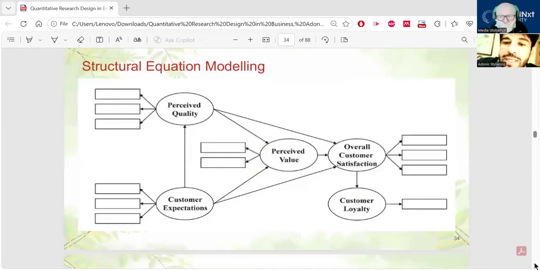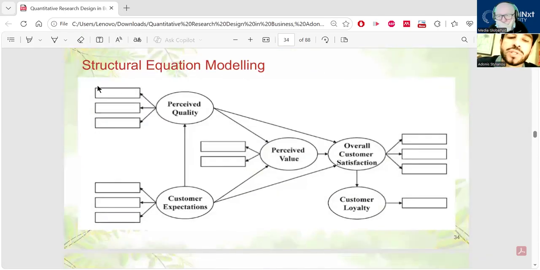I have an example here just to demonstrate. For example, I start with 3 initial factors and those are interrelated, so I reduce them down to 1, which is perceived quality. The same stands for customer expectations, and that's how I proceed with my causal relationship. So it simplifies things a lot.